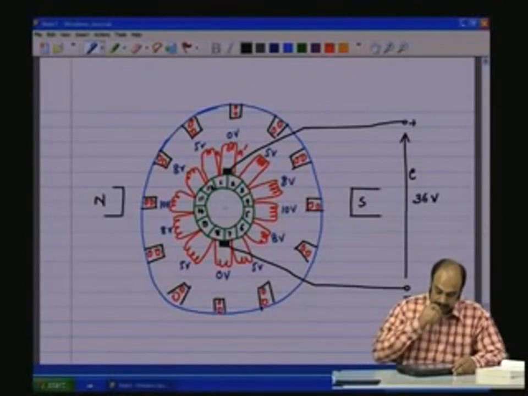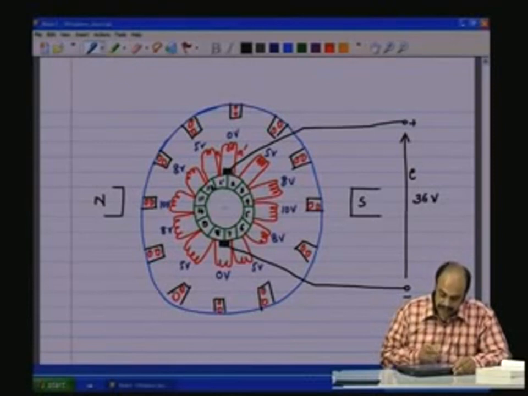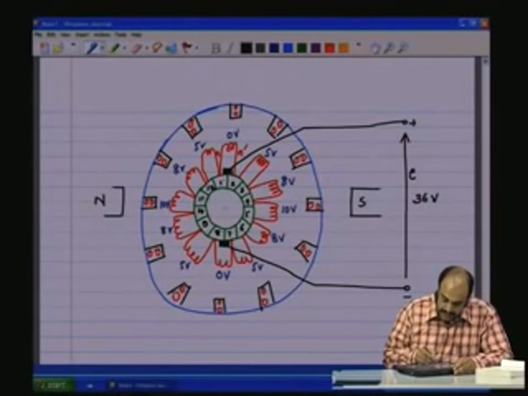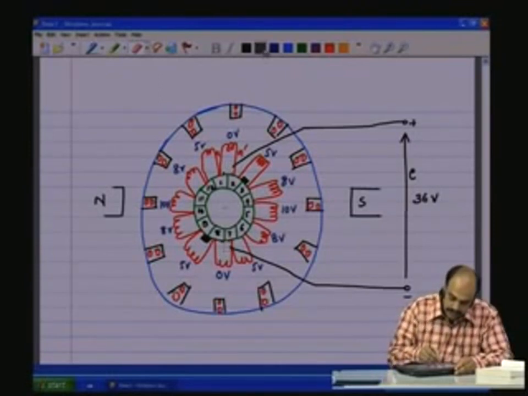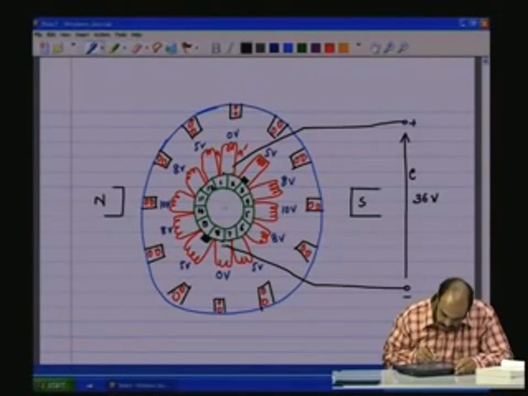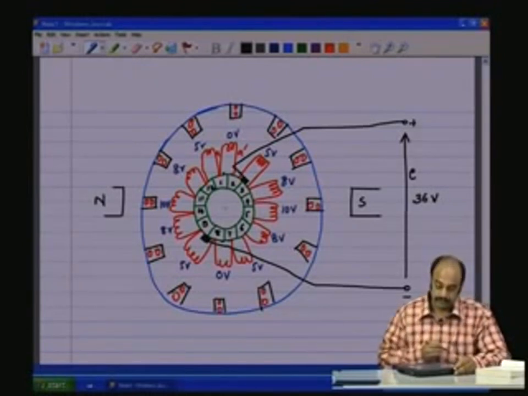Now just imagine what would happen if the brushes are no longer here, but instead the brushes are connected to these points.